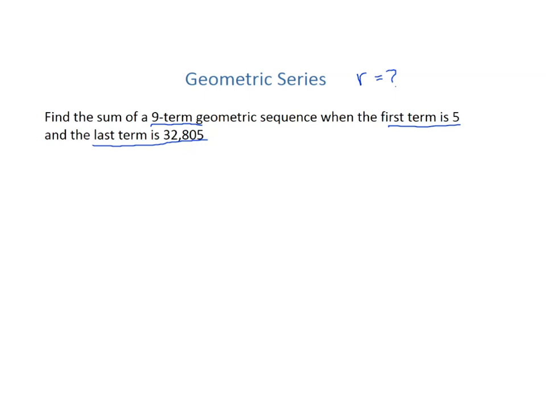So let's look at our first term and the last term, which is the 9th. So A1 and A9. To get from A1 to A9, I've got A2, A3, A4, A5, A6, A7, A8 in between there. Each time, remember, I multiply by that common ratio, and then I'd have to do it again here, here, here, here, here, here.